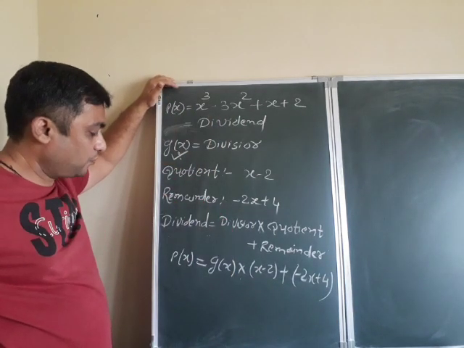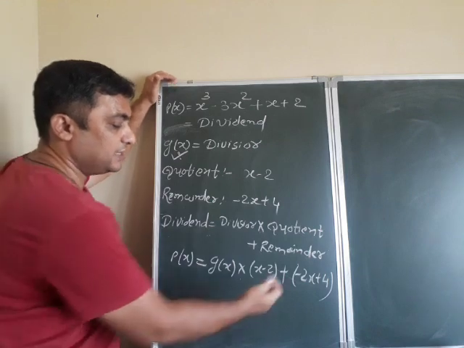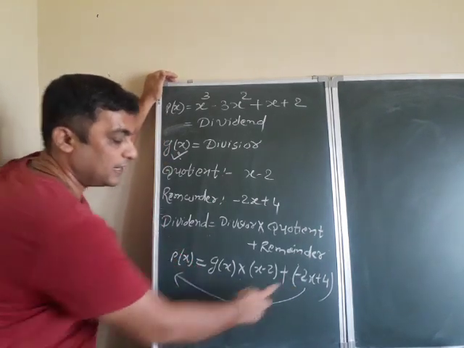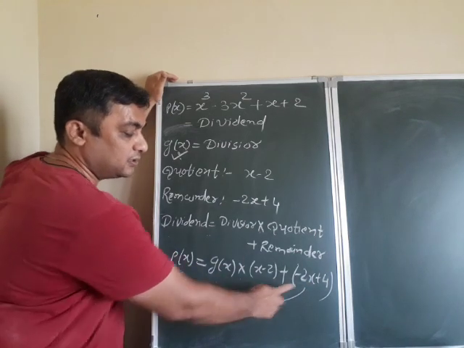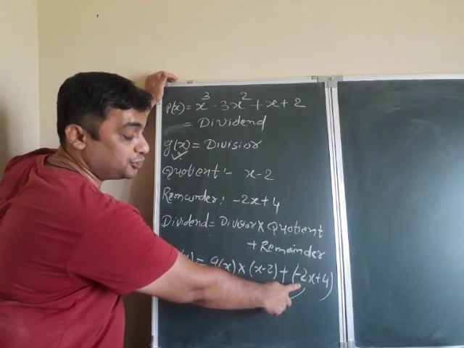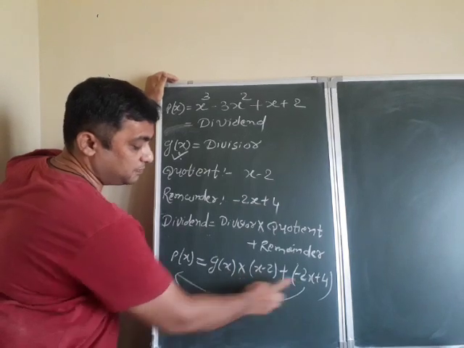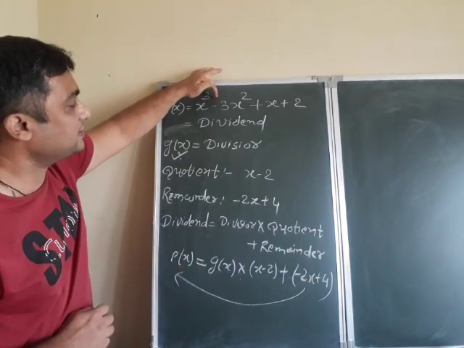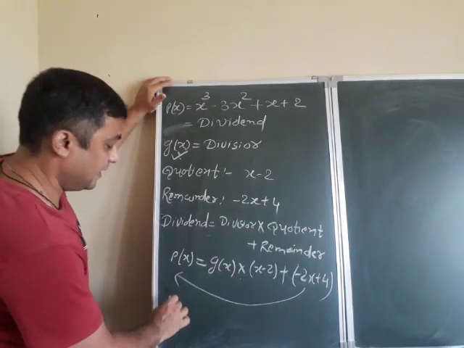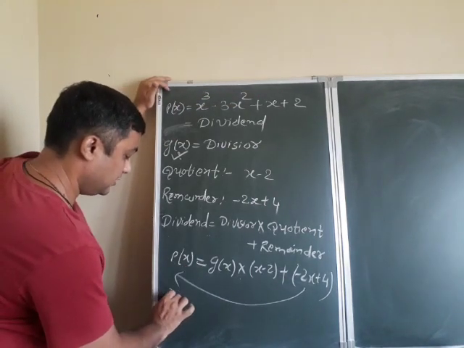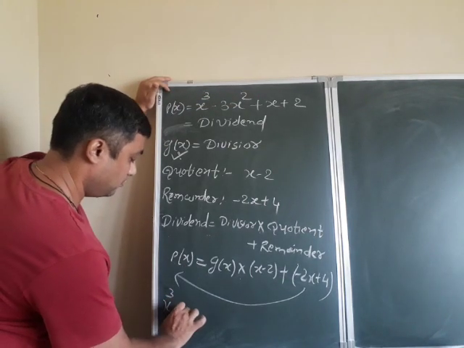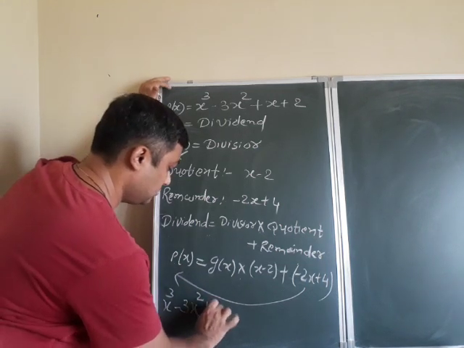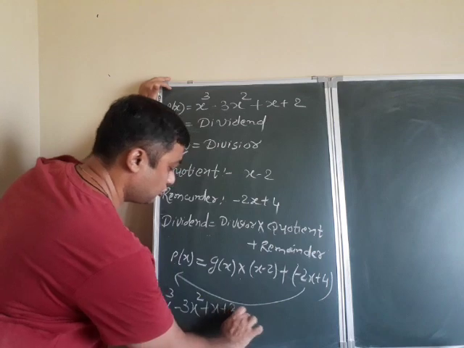Fine. Now see, this value I take to this side. So when this value is taken to this side, the sign of this term changes. This minus becomes plus and this plus becomes minus. And see, p of x is here. So I write the value of p of x: x cube minus 3x square plus x plus 2.